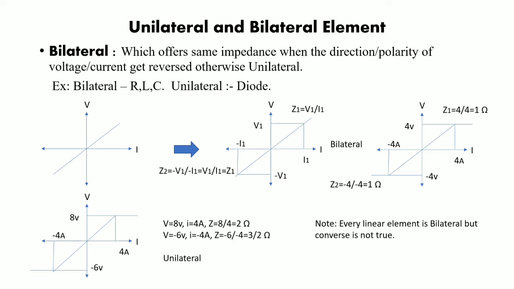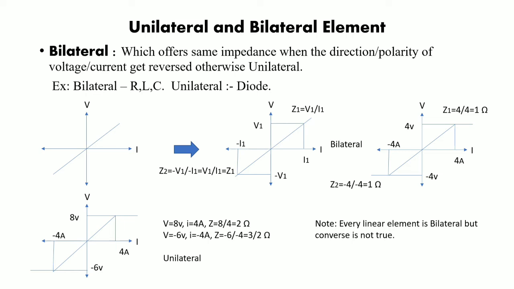So here we can conclude that every linear element is bilateral, but the converse is not true. That means every linear element is bilateral, but every bilateral element is not a linear element. For example, you can see graph number 1 is linear and also bilateral.